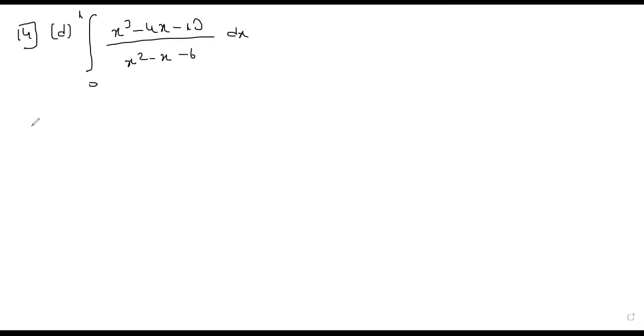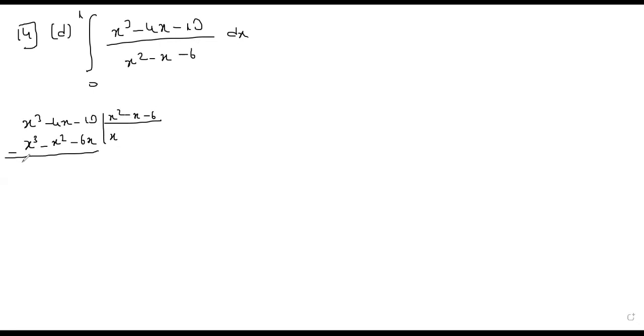Yes. All right, we will again use that polynomial division. So we have this over x squared minus x minus 6. So we will multiply it by x to get x cubed there. So you multiply it by x here, x cubed minus x squared minus 6x you get, right?